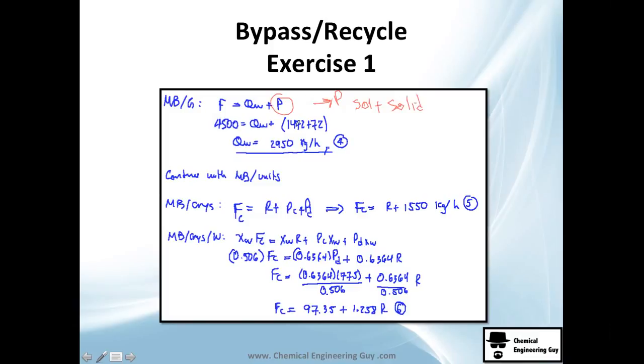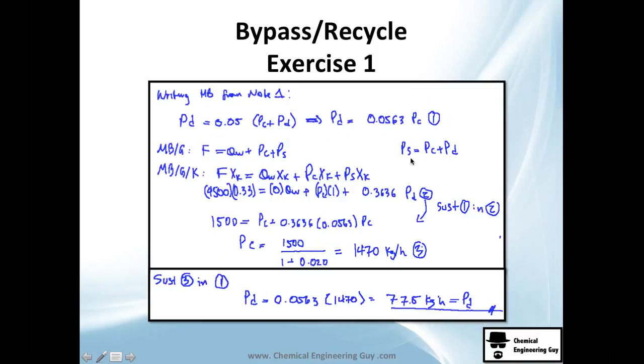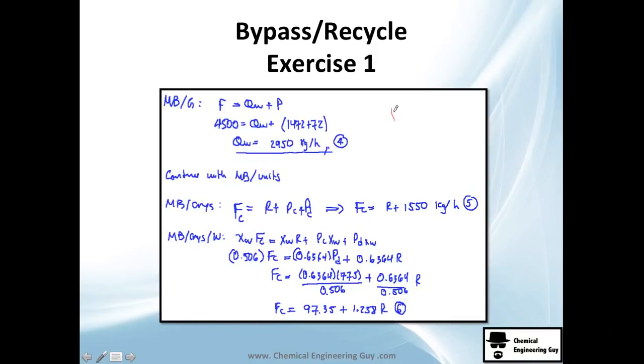So we add these two, we add F. We don't have Q, but we do have PC and PD. Remember, P is PC plus PD, this will give you this solution. So we have this number, and we have this number. We just got to look for Q, which is water, and we have it right here.